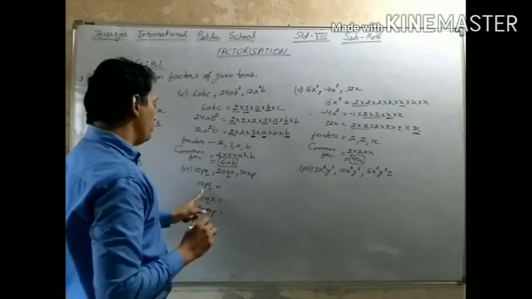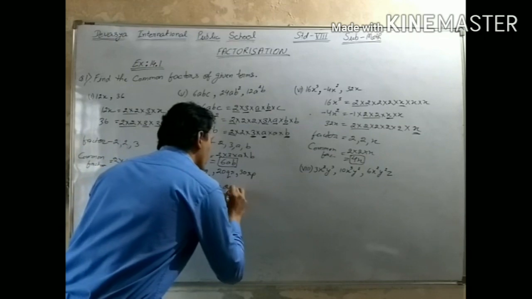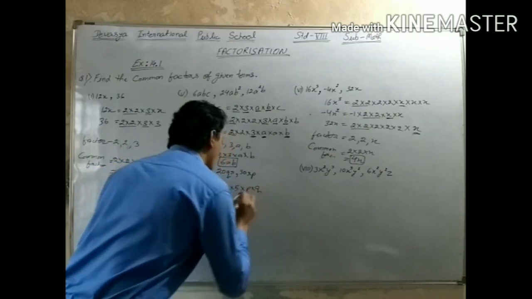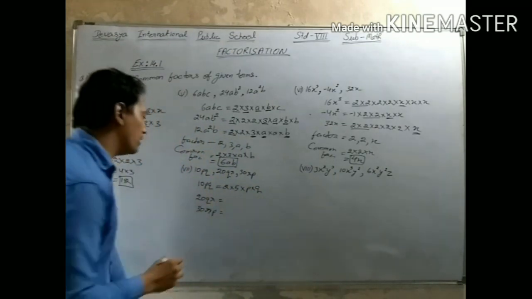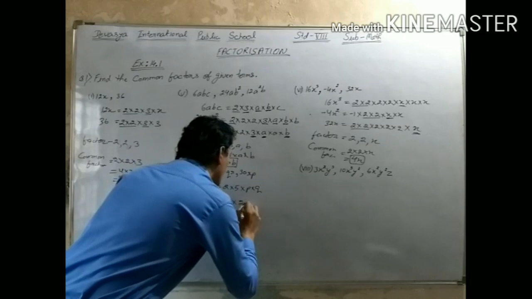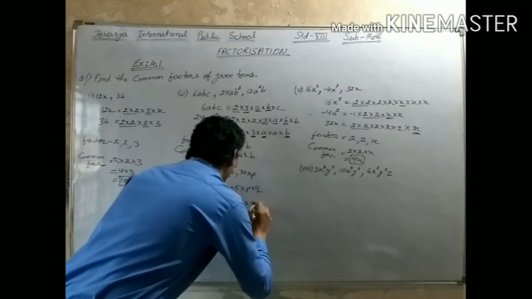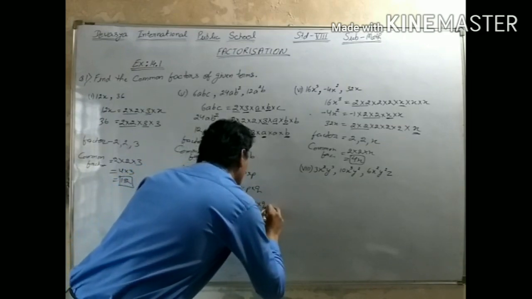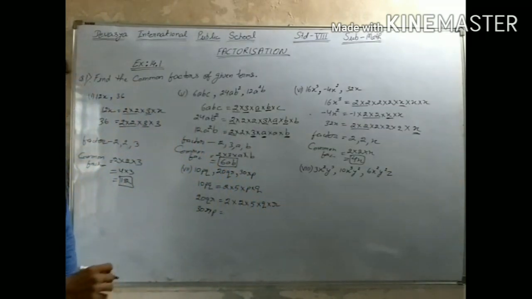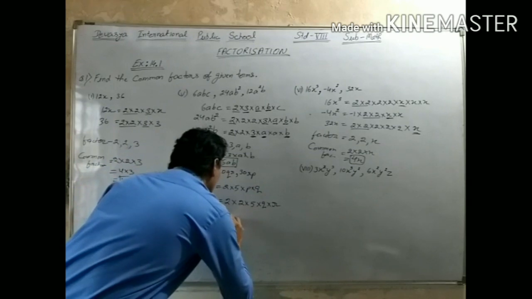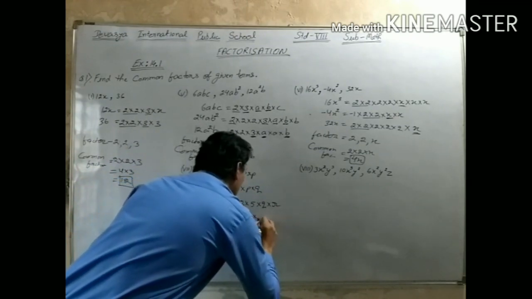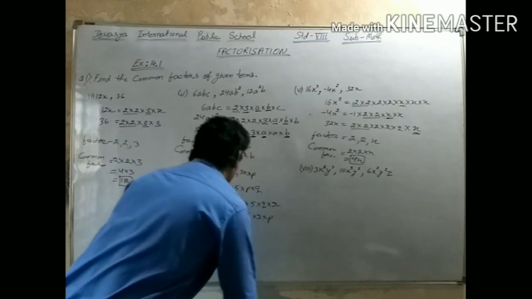Okay, now 10PQ can be written as 2 into 5 into P into Q. 20QR can be written as 2 into 2 into 5 into Q into R. 30RP can be written as 2 into 3 into 5 into R into P.